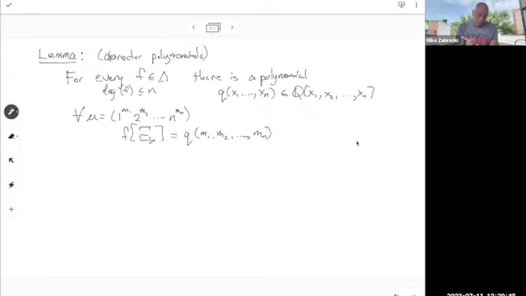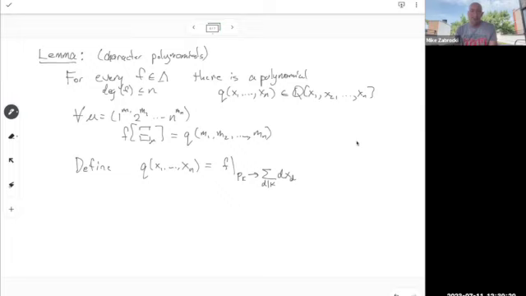And the proof is because of the evaluation of pk, because I can define my q of x1 through xn to be equal to f, where I replace pk by the sum of d divides k of d xd.